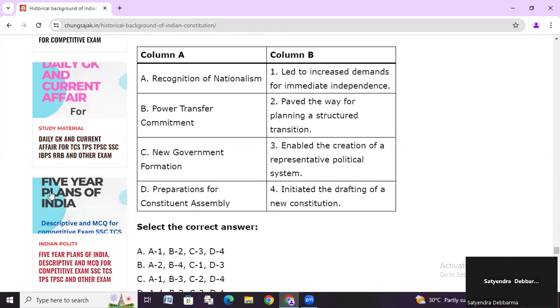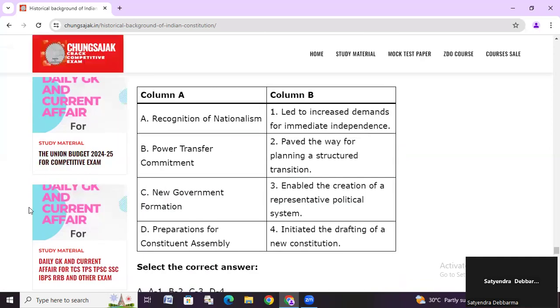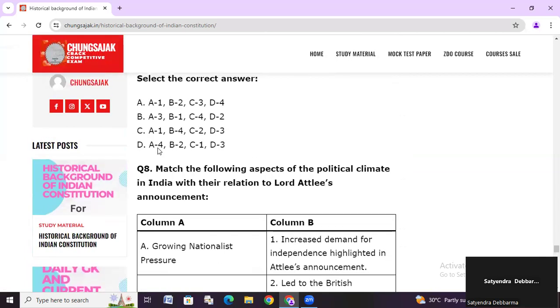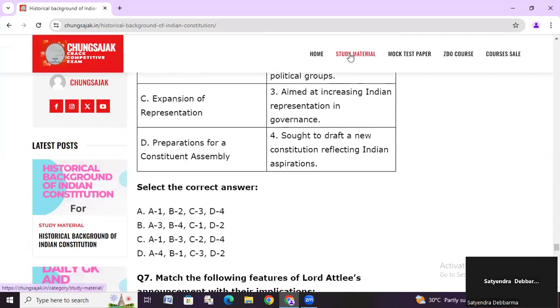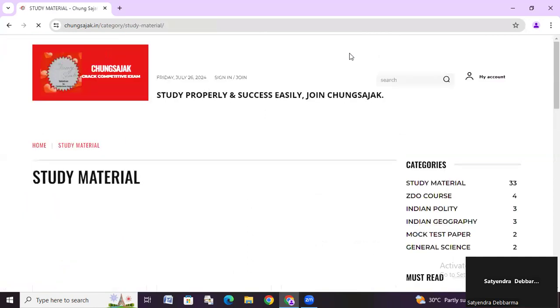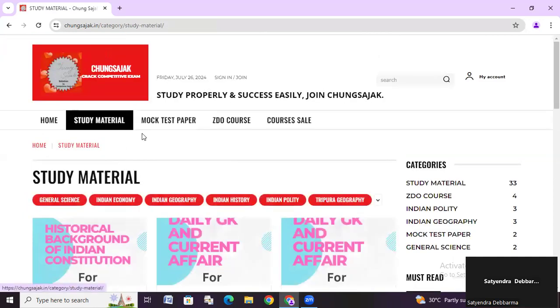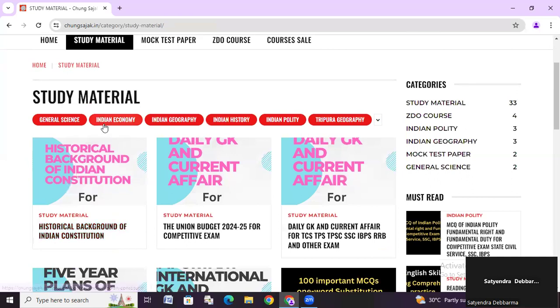One by one, see five-year plan also, Indian polity, all topics. You can click study material: history, Indian economy, general science, Indian geography, Indian history, Indian polity, Tripura geography, and other notices.